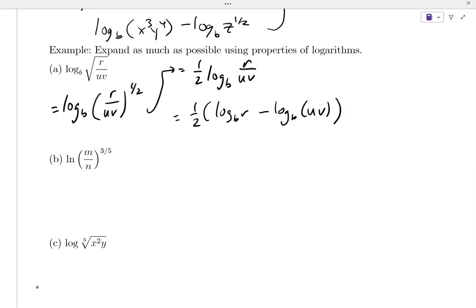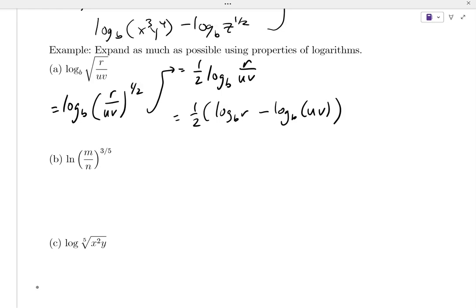One thing to be careful of: this 1/2 is in front of this log. We're rewriting this log, so that 1/2 applies to the whole difference. I've got that in parentheses because when we separate it into a subtraction, it represents that whole log piece, so that 1/2 distributes over each piece.